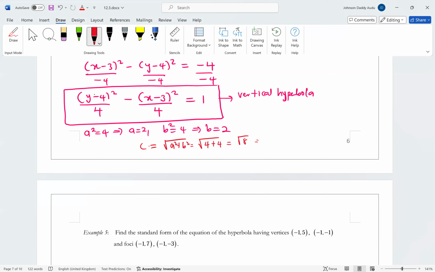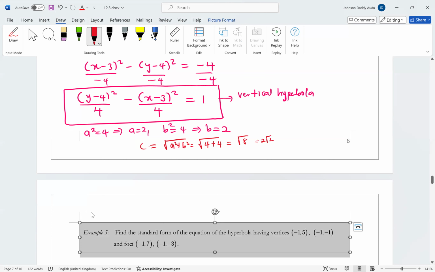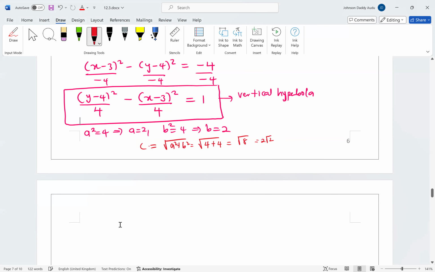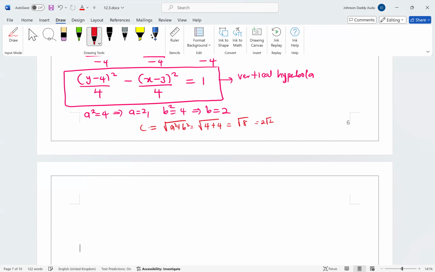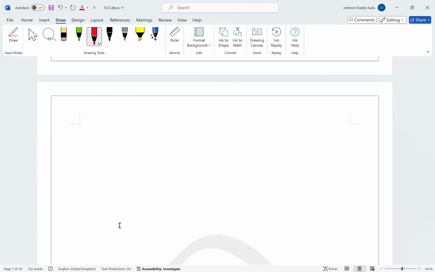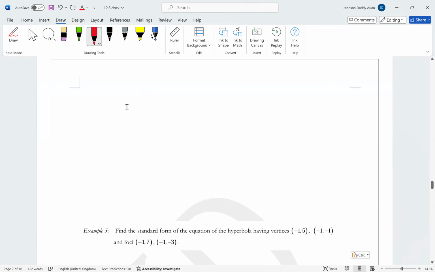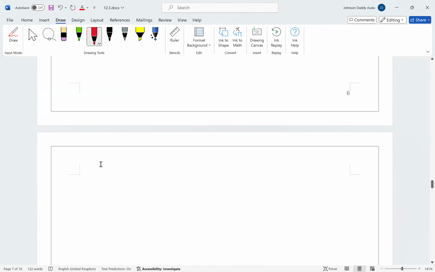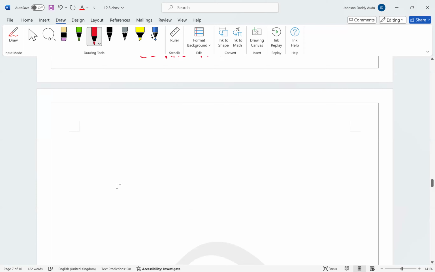Yeah, which we can write as 2 root 2. So let's try to get this information and try to sketch this graph. So the most important thing first is the center.